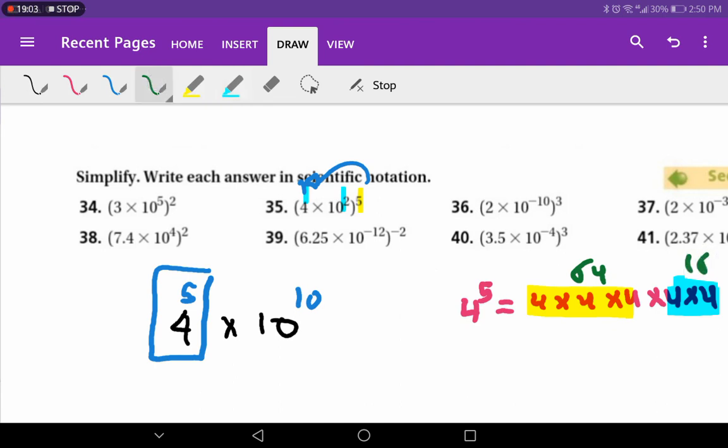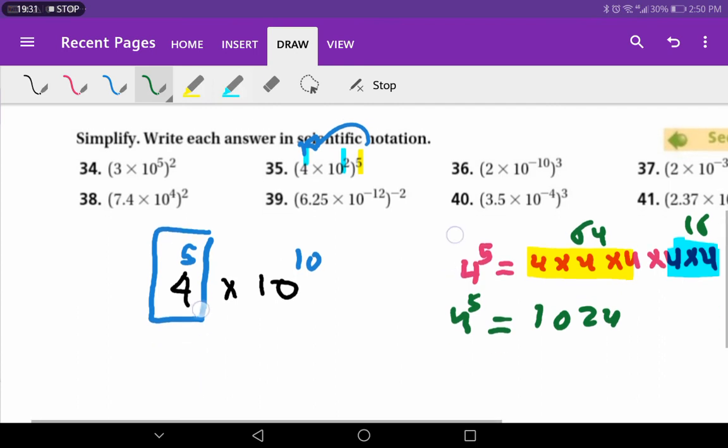Yes? 16 multiply 64. Let me do it. You multiply it normally. It is equal 1024. Okay, this is 4 with power 5.